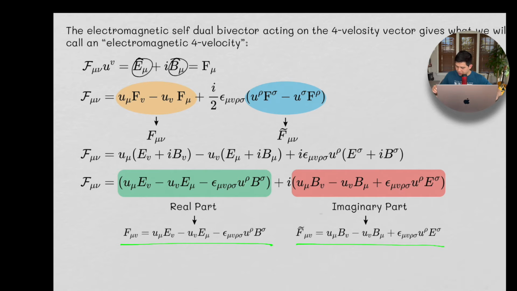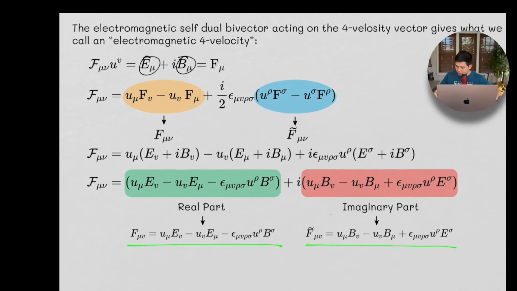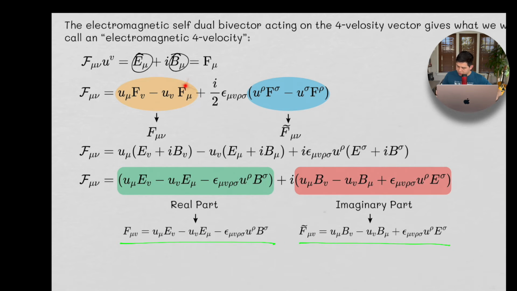So what we can do is we can say, well, if this thing contracts indices, we can add an index to get this thing back, right? So we have mu, this is our velocity vector, right? And so this here is going to give us the electric component.